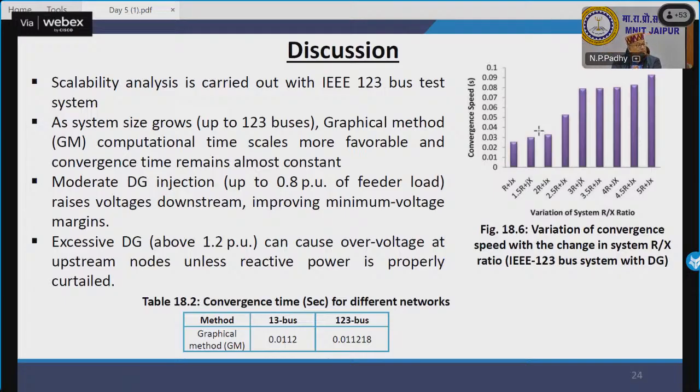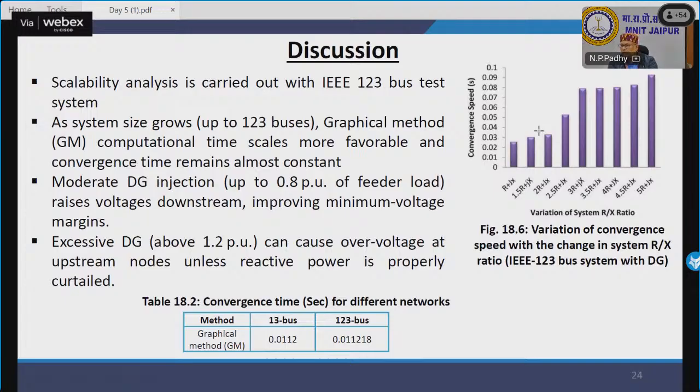So convergence in a three-phase 123 system is very, very challenging. So probably this claim is quite good: moderate DG injection up to 0.8 per unit of feeder load raises voltage downstream, improving minimum voltage margins. Excessive DG above 1.2 per unit can cause overvoltage at upstream nodes unless reactive power is properly curtailed.